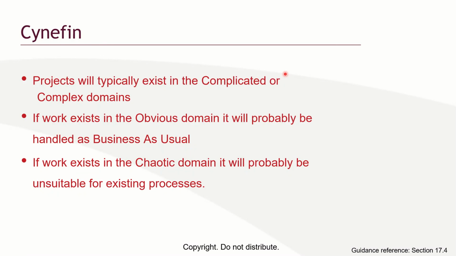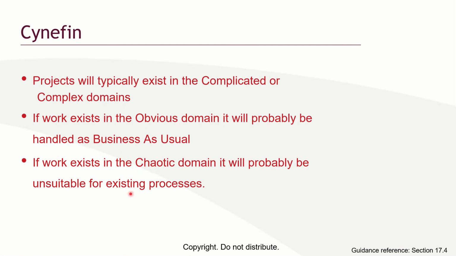Typically, projects will exist in the complicated or complex domain. If the work exists in an obvious domain, many a times it will be handled as business as usual. It will not be a project. If the work you are doing is in the chaotic domain, it will probably be unsuitable for existing process.